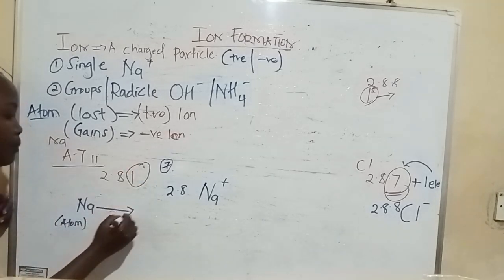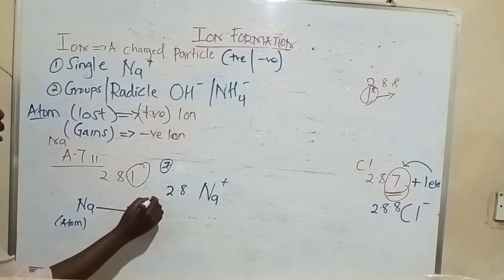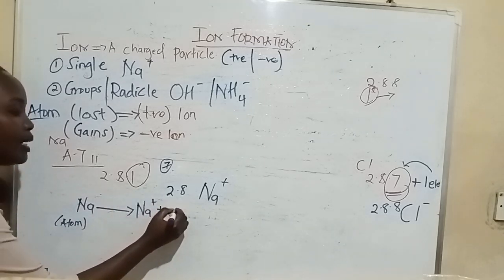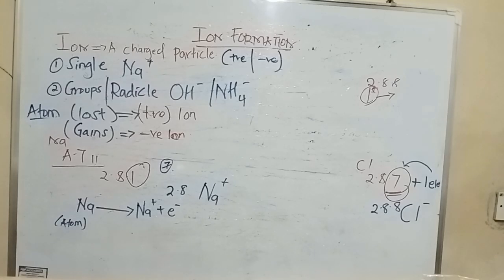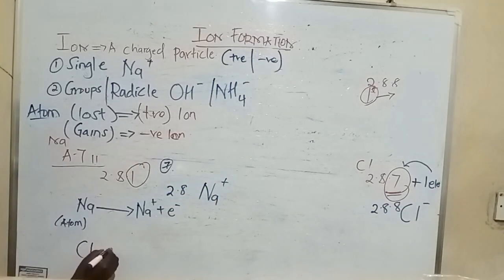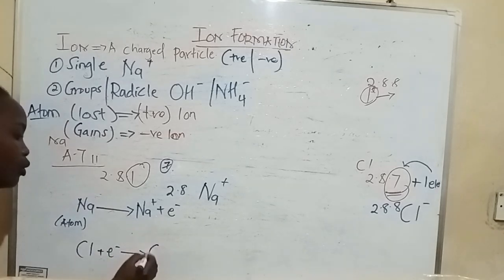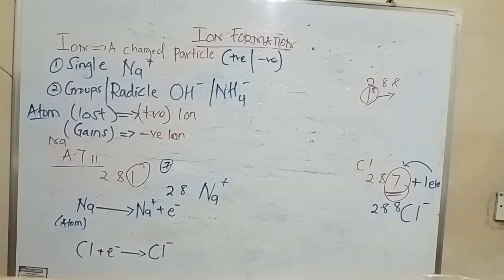So the sodium atom forms your sodium ion, which is Na positive, plus an electron. Now, if you're talking about chlorine, we will write chlorine, and we are gaining an electron, so we write plus an electron to give you your chlorine ion. So that is how you form an ion, and this is how you can represent it in the form of a chemical equation.